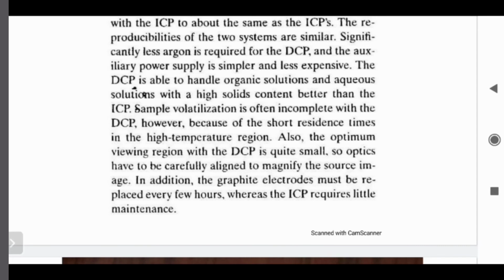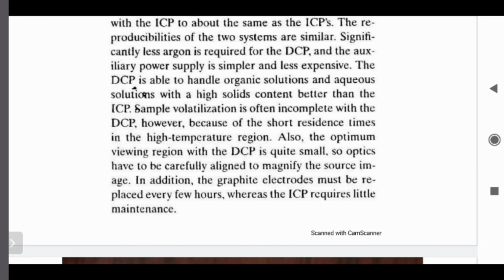Sample volatilization is often incomplete with the direct current plasma. Sometimes sample vaporization does not occur because we do not generate a very high temperature. Sometimes it might happen in a single click, and sometimes it might not, because the temperature varies from around 3000 degrees.